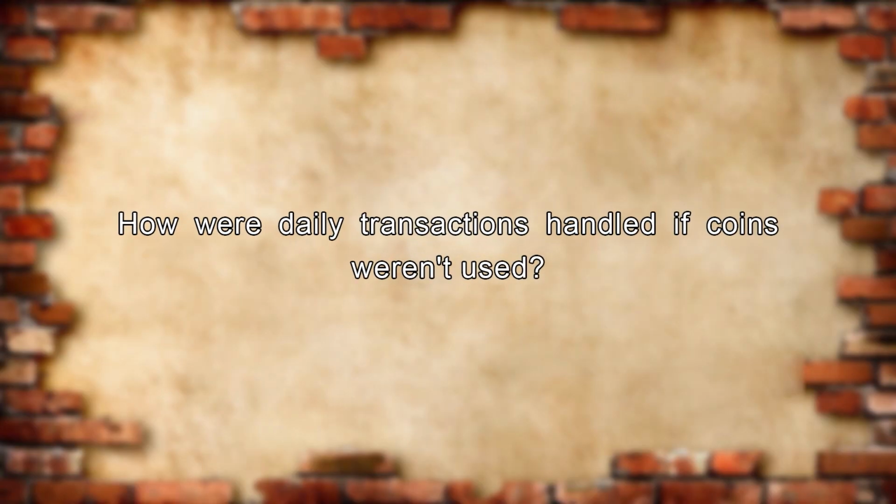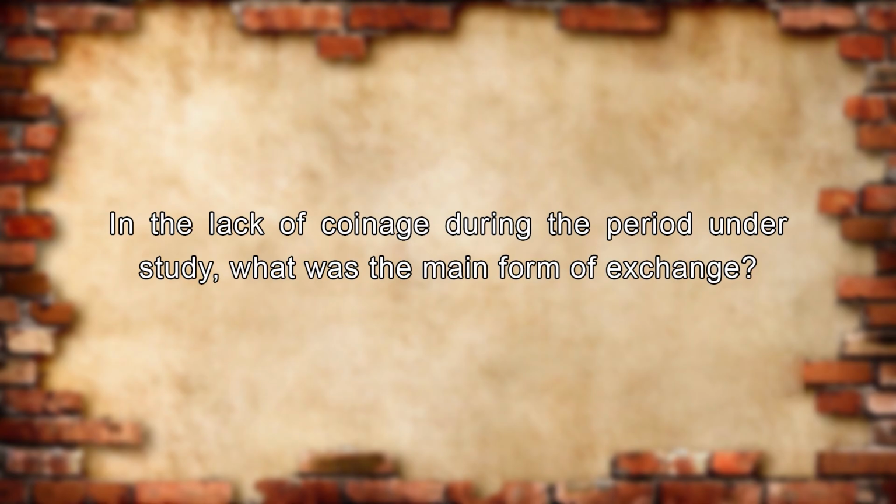Additionally, reports of currency discoveries have come from Kashmir. How were daily transactions handled if coins weren't used? In the lack of coinage during the period under study, what was the main form of exchange? A number of historians have tackled these issues.